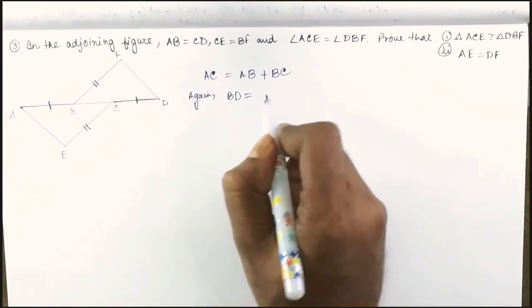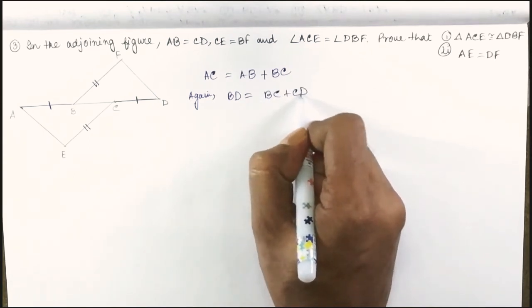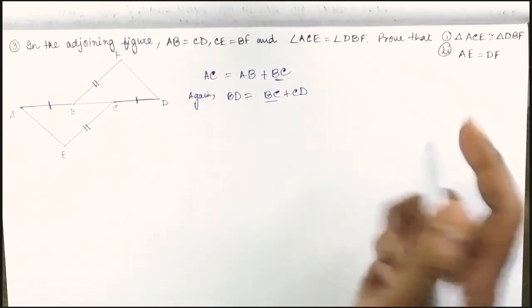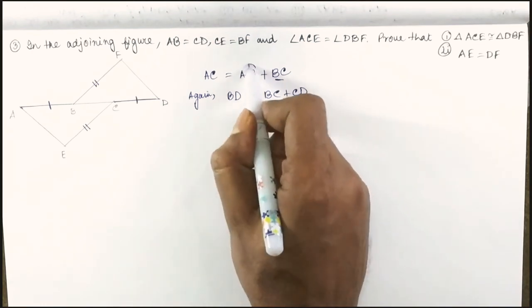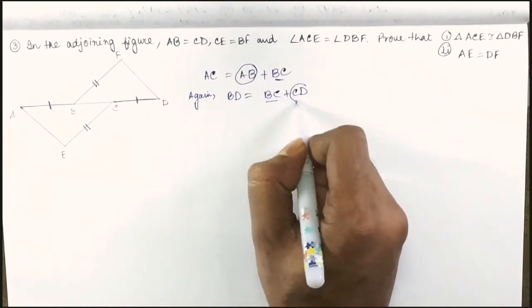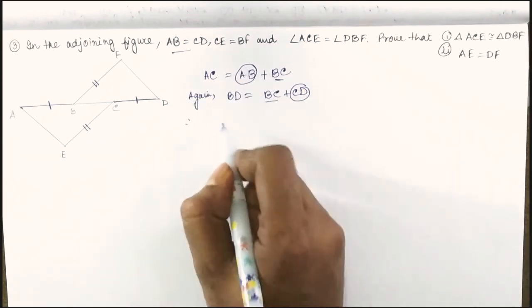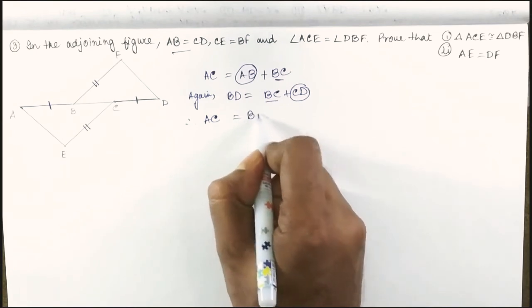The side BD is made up of BC plus CD. Now all of you closely follow. See, this side BC is common for both these sides AC and BD, and the side AB is equal to CD given here in the question. So from here we can conclude that AC is equal to BD.